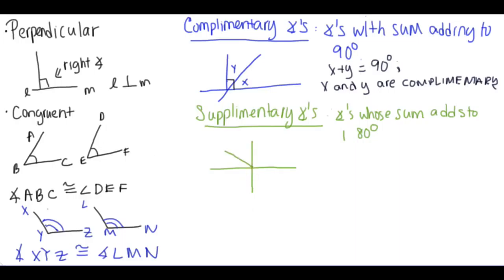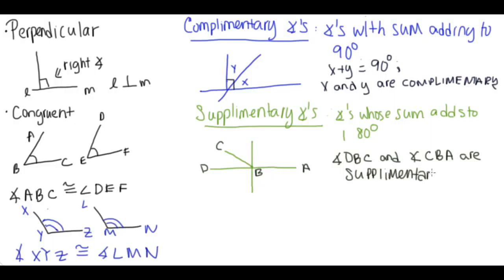So if we have, let's say this is B, A, C, D. Supplementary angles would be angle D, B, C, which is this angle here, and C, B, A are supplementary angles.